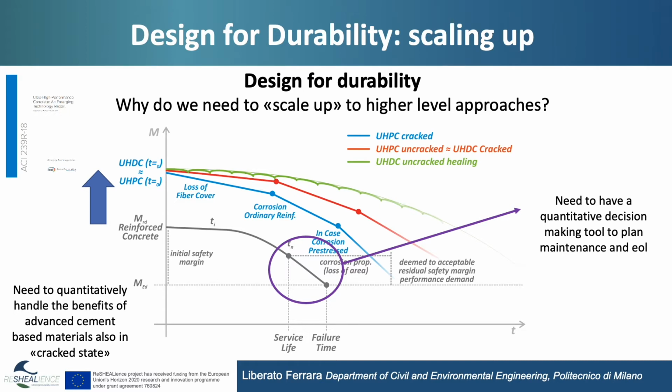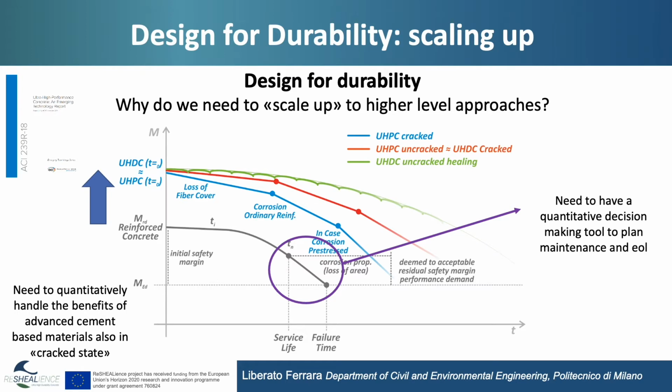The other thing is that these approaches are based on conventional concrete. And they are hardly adaptable as such to high performance material, which are nowadays becoming more and more common. I put on the left top part a guideline from ACI Committee 239 about ultra high performance concrete. And we do have other standards.